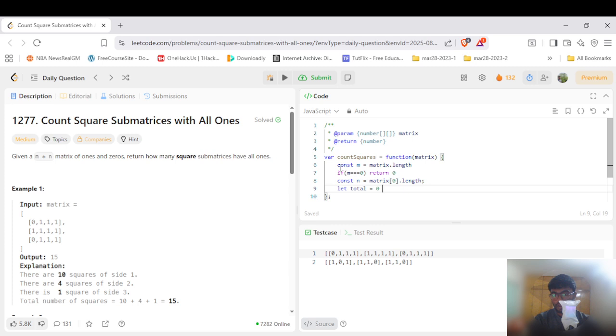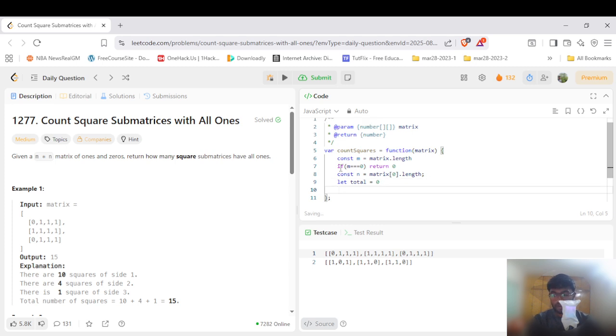This is the variable that helps us keep track of the final total.